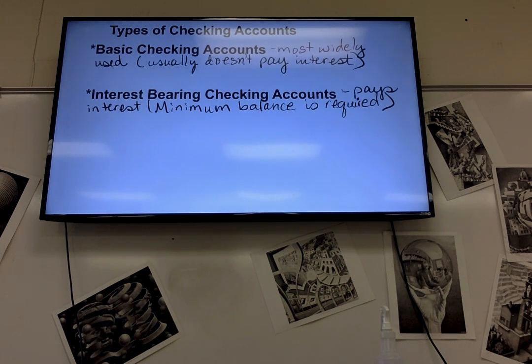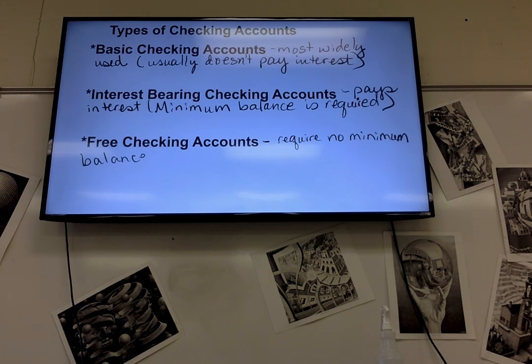Then the next one are called free checking accounts. Most basic checking accounts are actually free checking accounts too. They require no minimum balance, and they charge no maintenance fee.